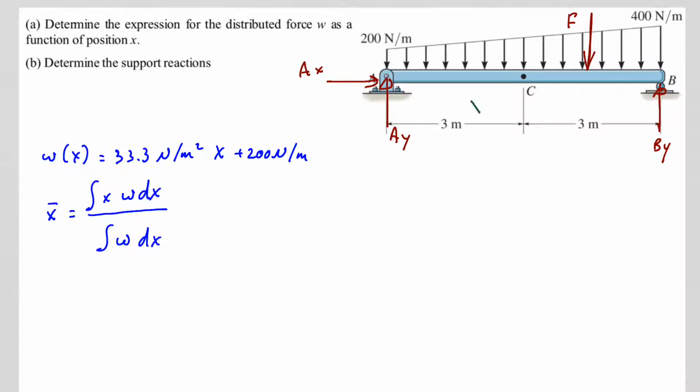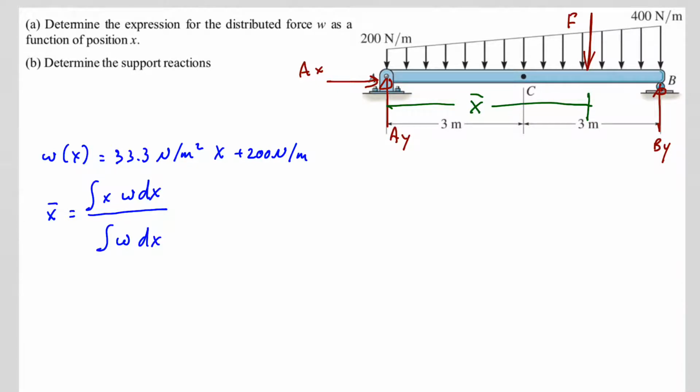We need to know this x bar location for it. And we know this formula that we've used already: x bar is equal to the integral of x times the distributed load dx divided by the integral of the distributed load dx, and that in the denominator is our overall force F.